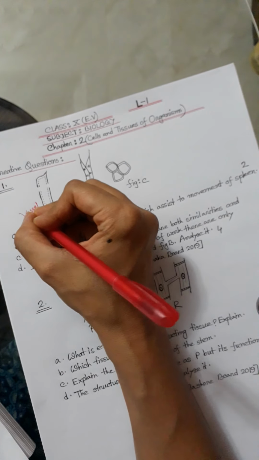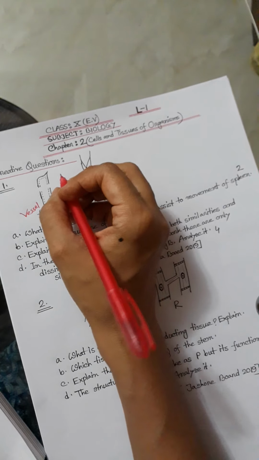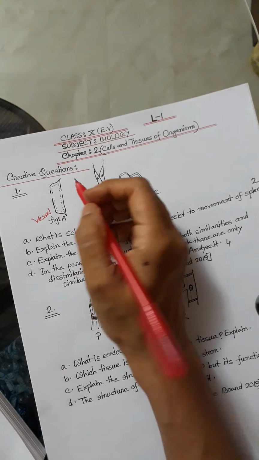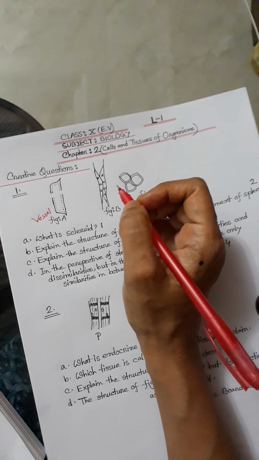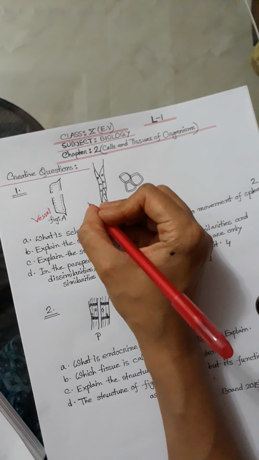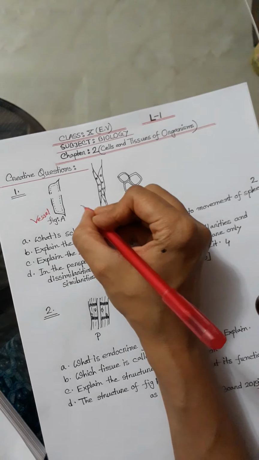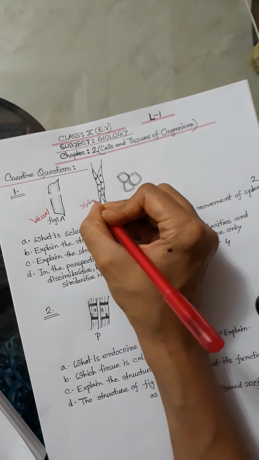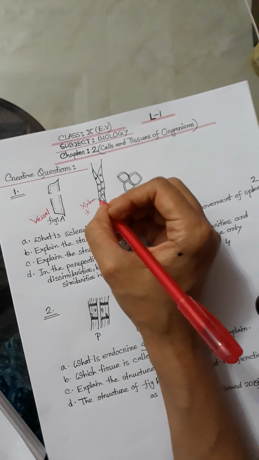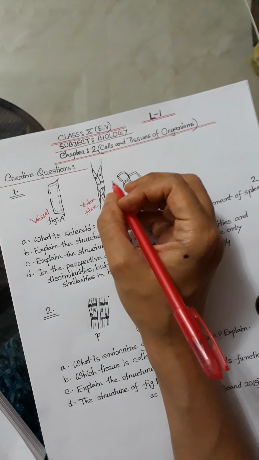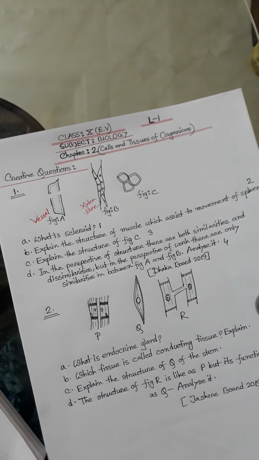Vessel is one part of xylem tissue. Here A is vessel and B is xylem fiber.